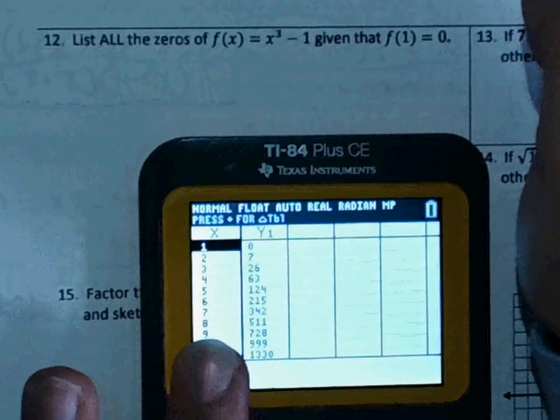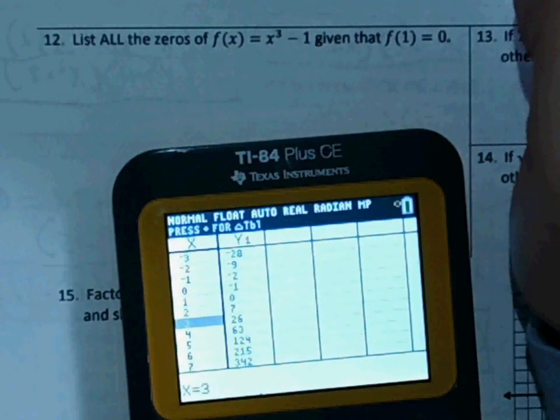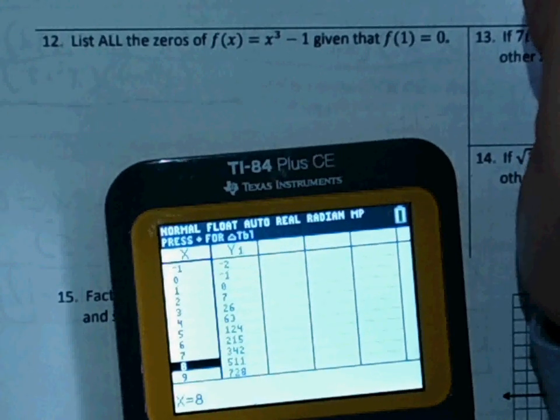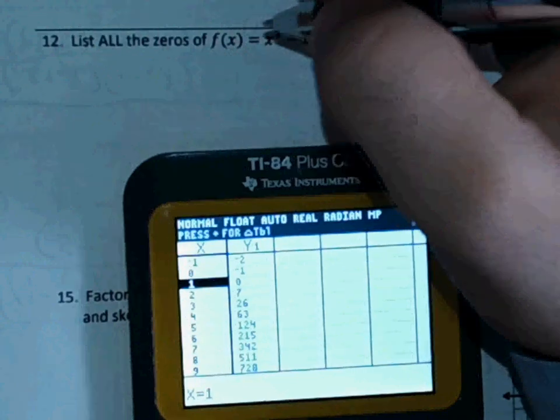We have a 0 at 1, and that's most likely the only 0 for the graph. So all we have is a 0 at x equals 1.